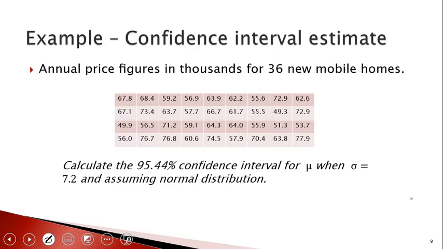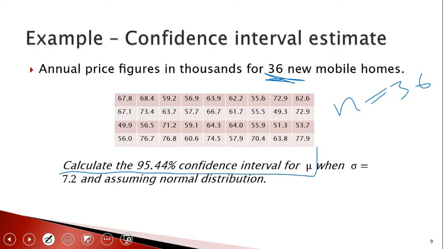I think there is another example. I'm not going to go through this step by step. Just focus on the question. We have 36 new homes, which means your n equals 36. They have given you what you need to find: calculate the 95.44% confidence interval.